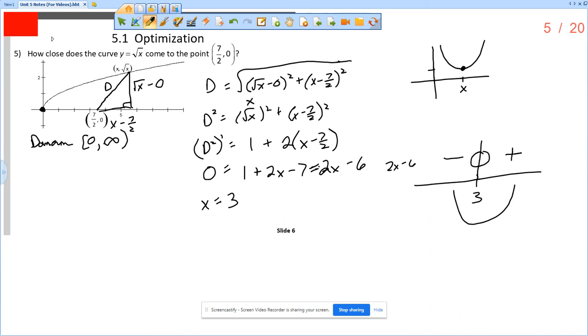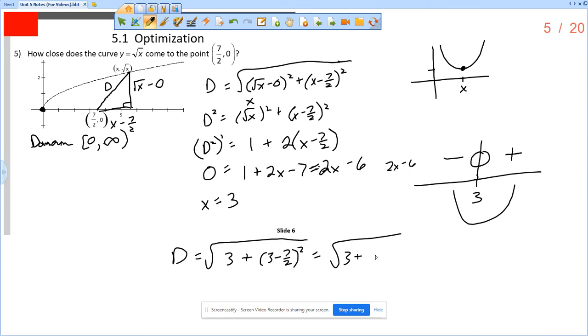So how close does the curve y equals root x come to this point? Well, 3 isn't the answer. The distance is the answer, all right? And so I want to calculate the distance, which would be the square root of 3, the square root of 3 squared, which is 3, plus 3 minus 7 halves quantity squared. All right, so I have the square root of 3 plus 3 minus 7 halves.